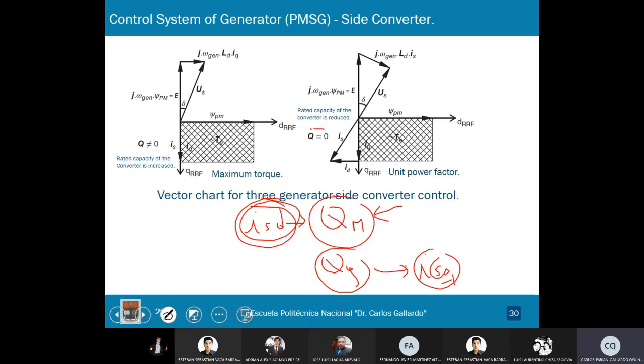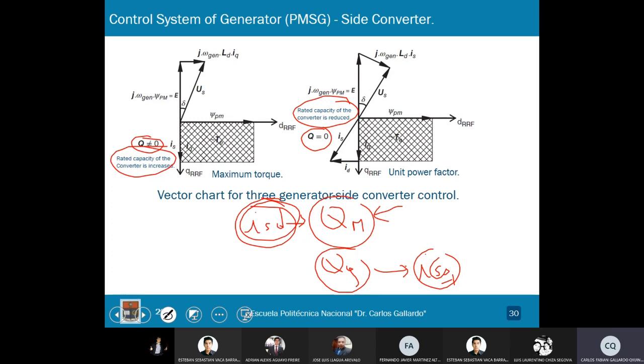In this case, the reactive power is equal to 0, but I have a problem. The rated capacity of the converter is reduced. In the previous case, the reactive power is different to 0, but the rated capacity of the converter is increased.